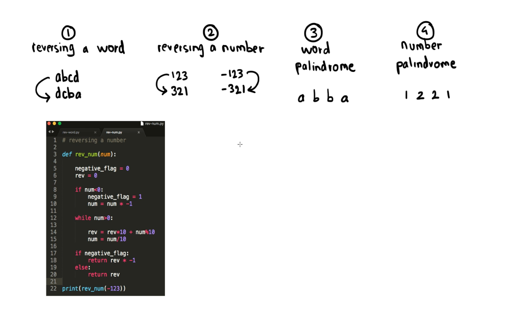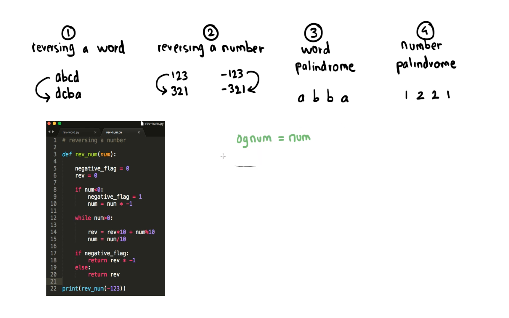Okay, so to maintain a different variable, we can just say OG number or something like that, and then copy the original number in that variable, and then we operate on this one, on this existing number, and when we have, let's say, a reversed version of this, we can compare this with the OG number, and if it's equal, we can say the number was a palindrome.